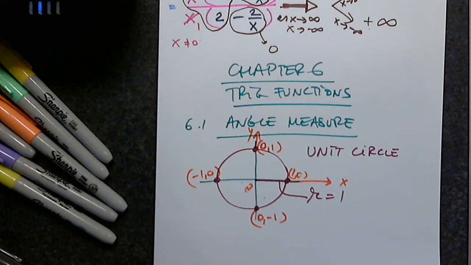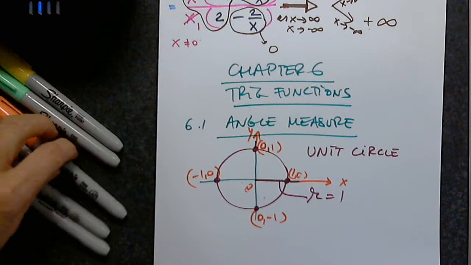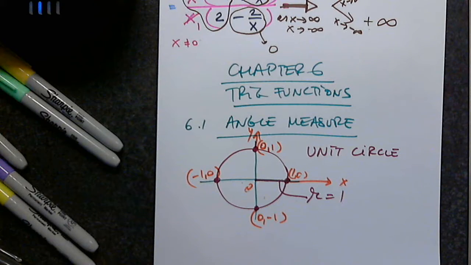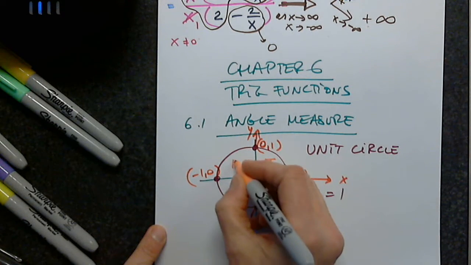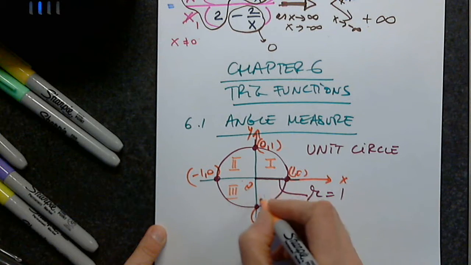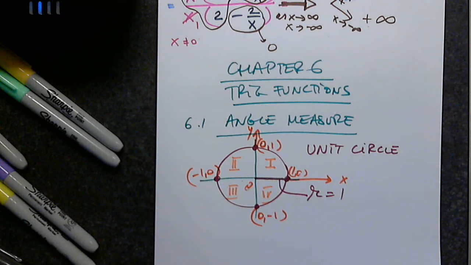Good. We have two types of angles: positive angles and negative angles. The Greeks said this is the first quadrant, this is the second quadrant, this is the third, and this is the fourth. So we kept it that way, counterclockwise.